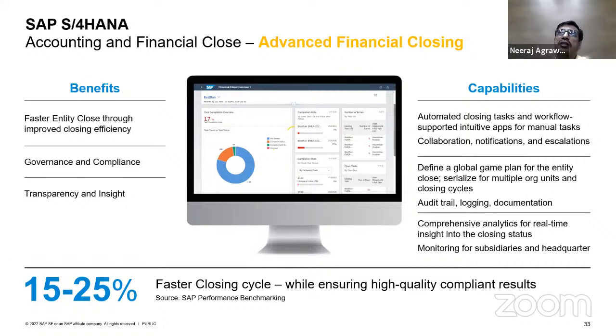There will be a lot more transparency and insight, with the analytics which are built in, so that you can have real-time insights. You can really speed up your closing by 15 to 25%, making it much faster and simpler for you. Also, there would be audit trails and the documentation required, so that if anything comes up in the audit, that would also be supported.